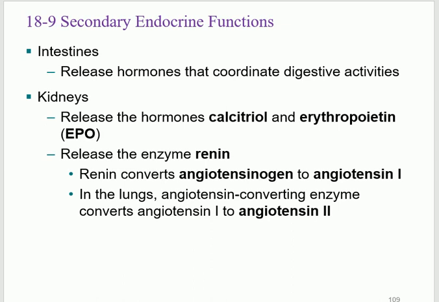I mentioned from the beginning, this is not English. This is Latin and Greek, and Latin and Greek is all about prefixes and suffixes. Put them together, you will get the meaning, even if you don't know the meaning. Okay? So angio is blood vessels. Tensin, tension. You make the blood vessels tense. Why are you doing that? To increase the blood pressure.